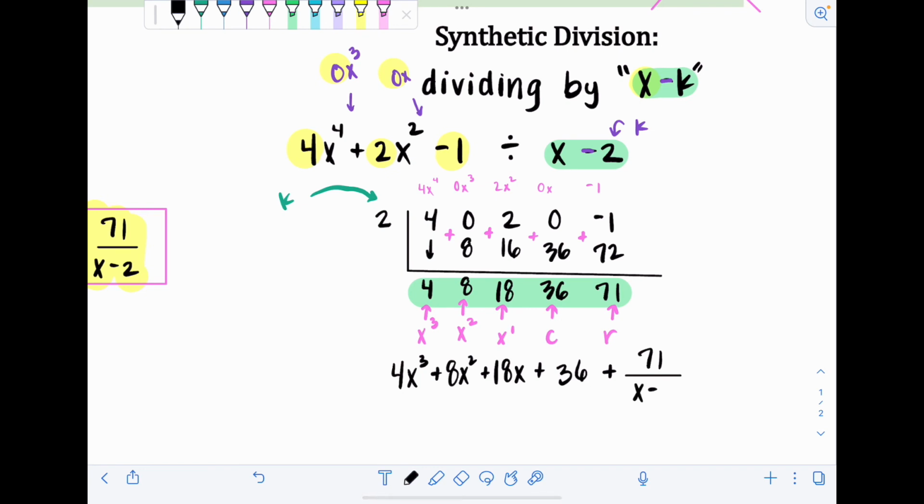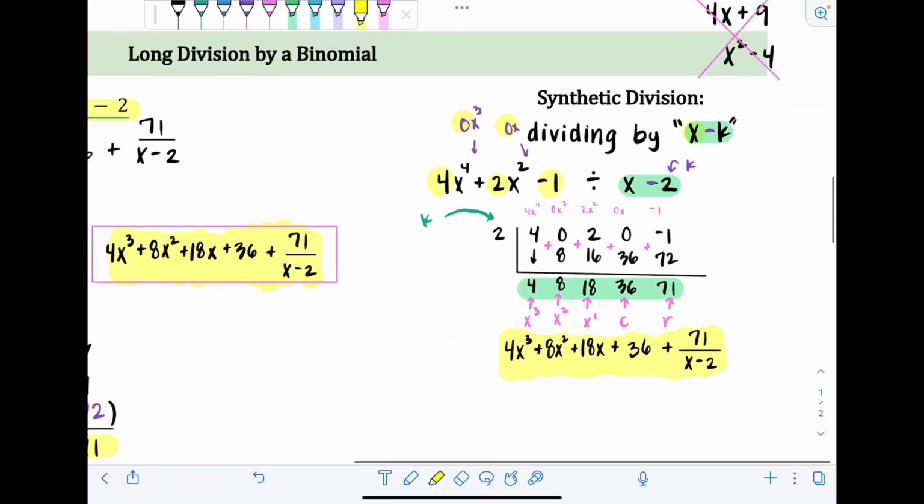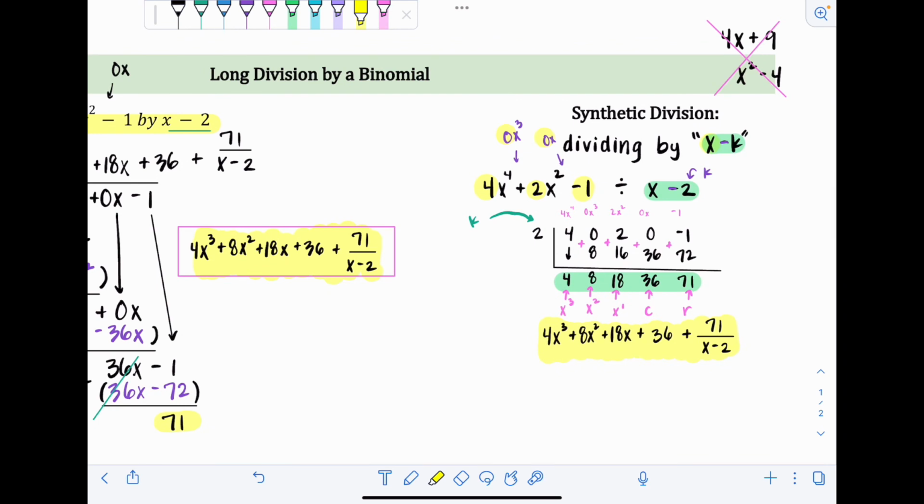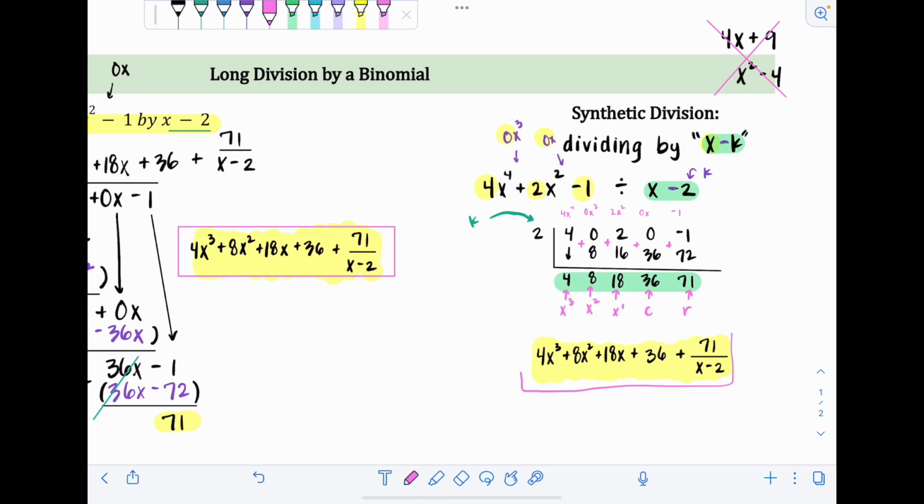So over x minus 2, so 4x cubed plus 8x squared plus 18x plus 36 plus 71 over x minus 2, and it's the same answer we got for the other way. So you can decide which one you use. Just know that synthetic only works for certain problems, but it really is a lot more efficient way to do it. So that's why it's worth knowing how to do both ways.